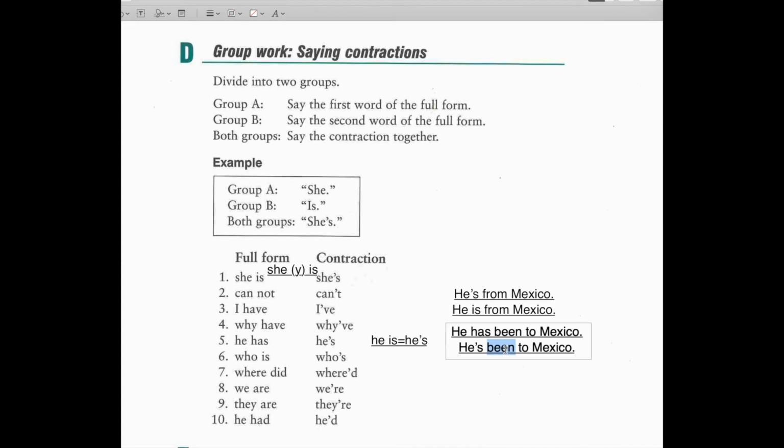He's been. So part of the challenge of understanding how contractions and other types of reductions work is to also understand how English functions. So in this case, we have to know the grammar difference. In number 5, he has, this is the helping word for the present perfect.